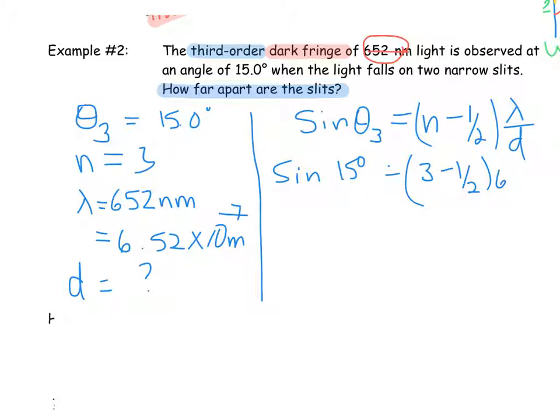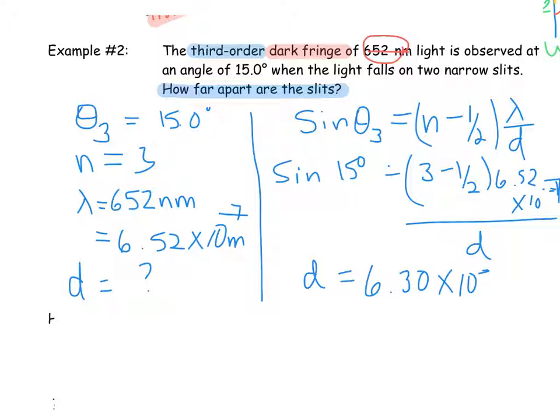Our lambda is 6.52 times 10 to the negative 7 meters, and I'm going to divide that by D. So isolating D in this formula, I get a value for D of 6.30 times 10 to the negative 6 meters. And that makes sense, right?